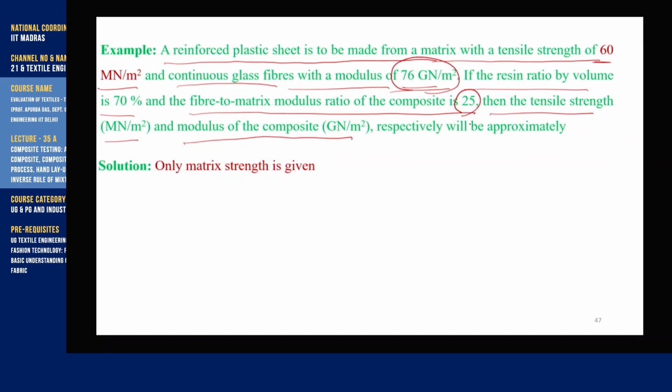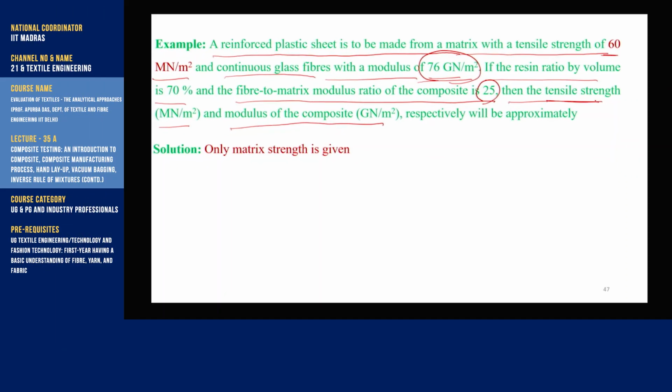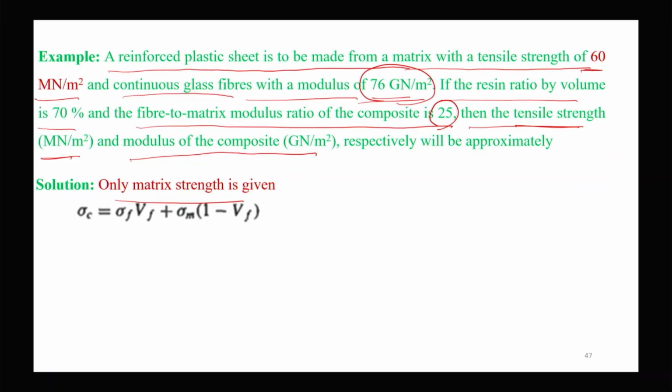When we have to calculate the tensile strength of the composite, the matrix strength is given as 60 meganewton per square meter, but the fiber strength is not given. So we need to calculate the fiber strength, that is, the stress on the fiber.